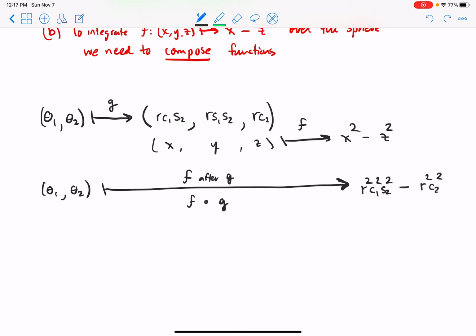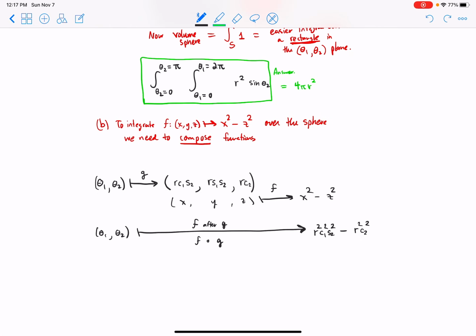Okay, so, but you see, composing functions is not hard. You just plug in, wherever you see an x, you plug in these things. Very easy. Okay, so then our iterated integral is exactly the same. Just do theta 2 from 0 to theta 2 equals pi, theta 1 from 0 to theta 1 equals 2 pi.